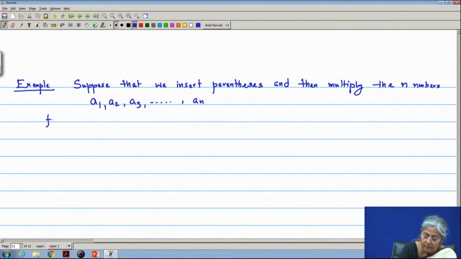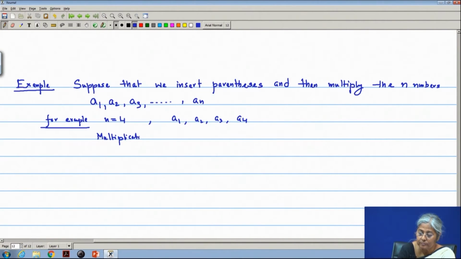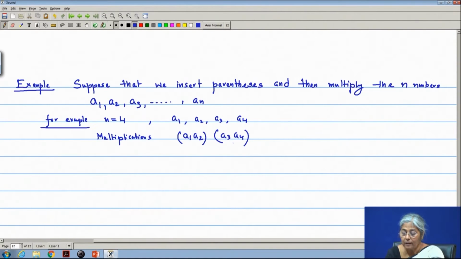Say for example, n equal to 4. I have the numbers A1, A2, A3, A4 and the multiplications are: we insert parenthesis and first we multiply A1 dot A2, and then A3 dot A4.